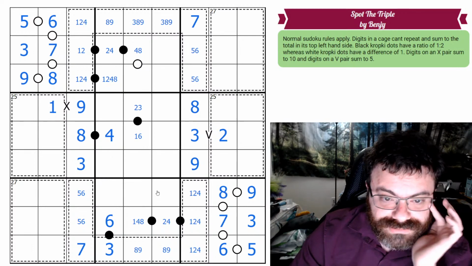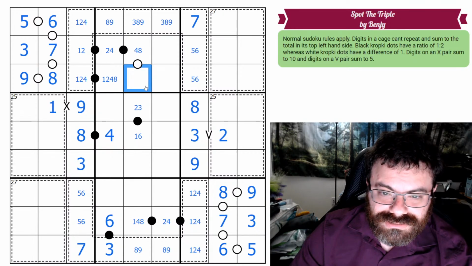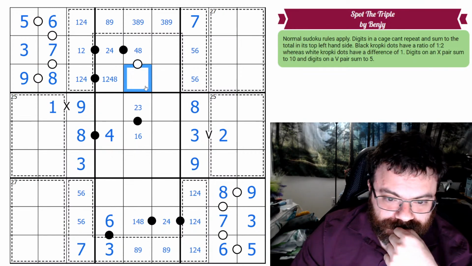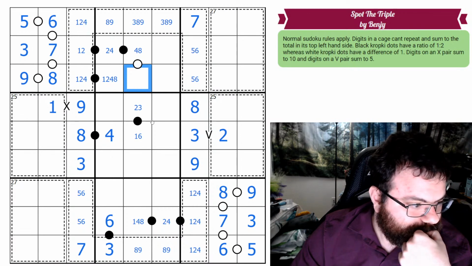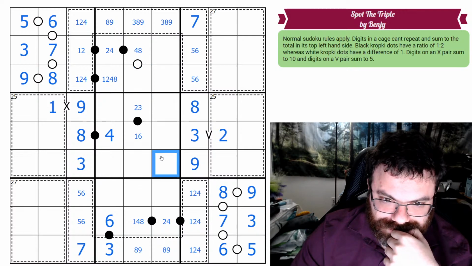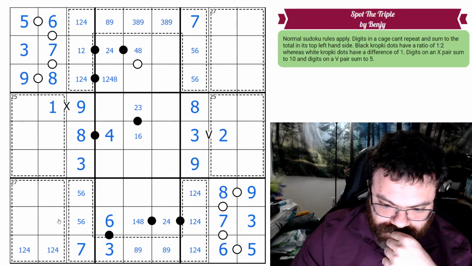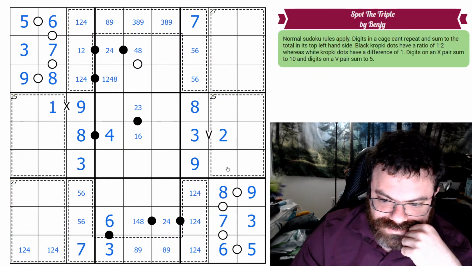Should it just be regular Sudoku from here? This is 4 or 8. So this is 1, 2, 4. Not super helpful.